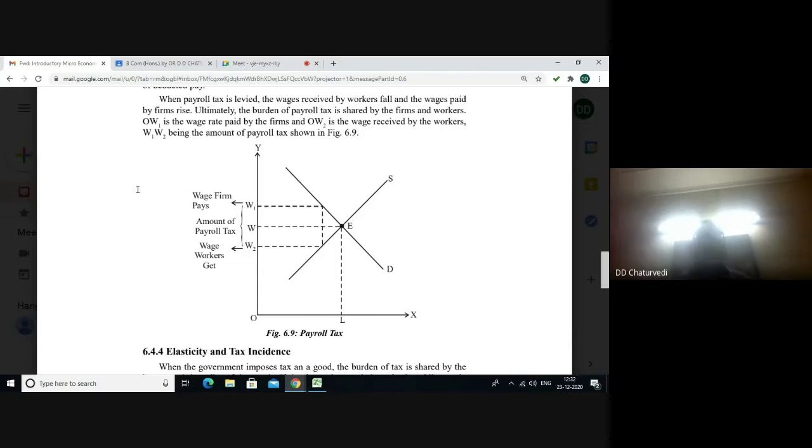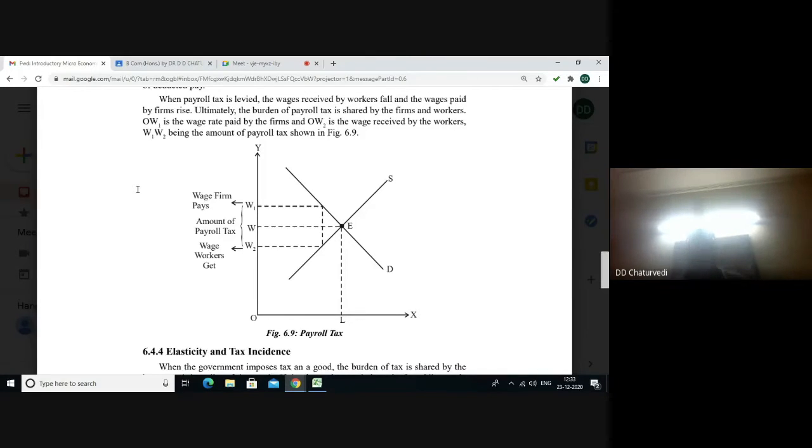So here, though the employer may be paying more wages to the workers, that means higher than the initial equilibrium wage rate without taxes, these higher wages partly serve the purpose of tax which is going to the government in the form of payroll tax. So in this figure 6.9, payroll tax is W1, W2.